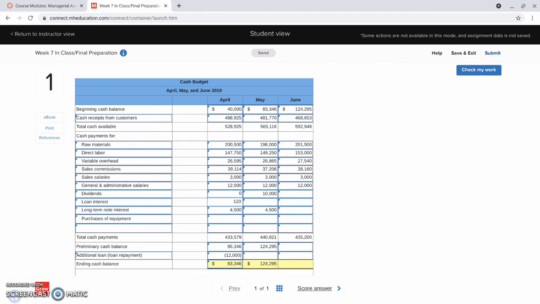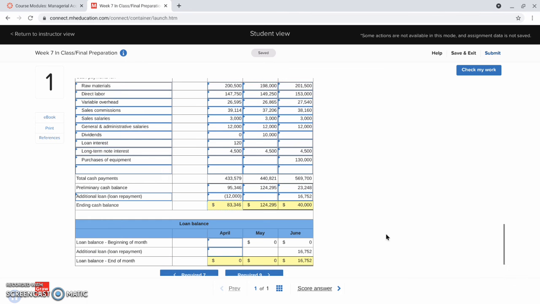No dividends this time. Long-term notes, 4,500 again. Purchases of equipment, this time we're doing 130,000. Preliminary cash balance is down to 23,248. And we had to do our additional loan payment, 16,752, because we had to get back to $40,000.